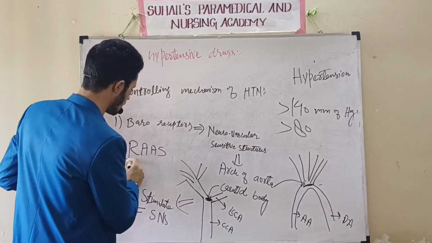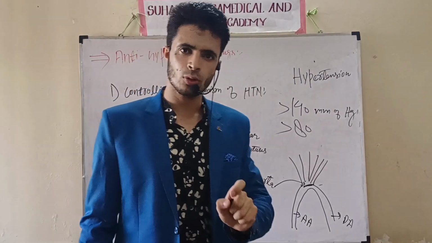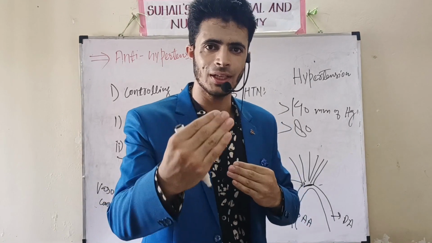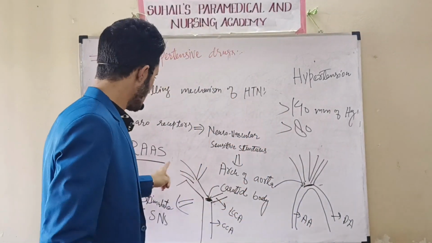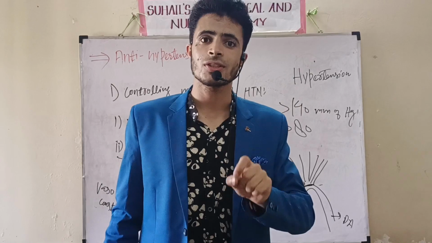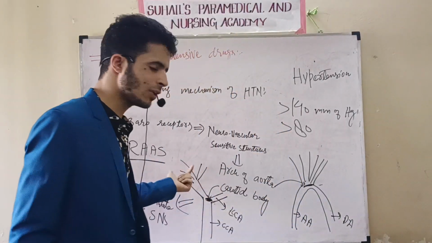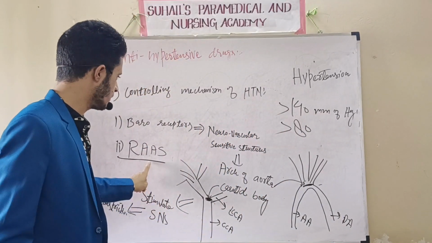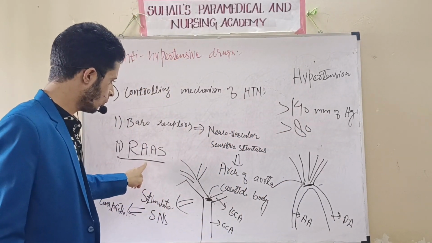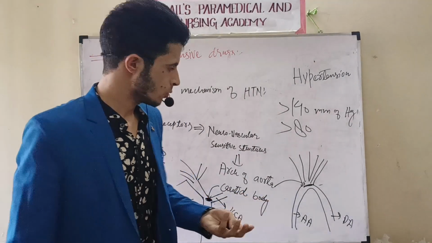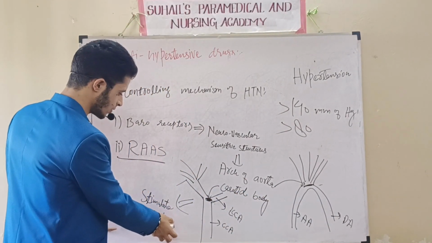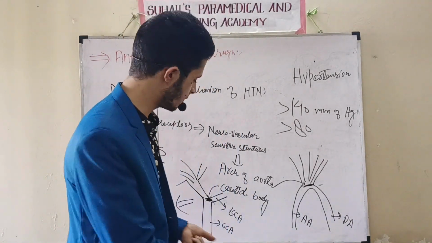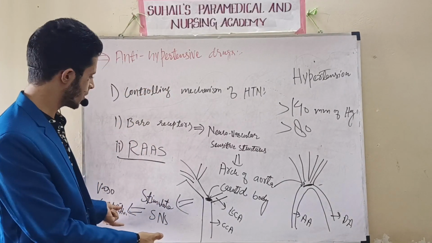Another thing is called the RAS system, renin angiotensin aldosterone system. This system I will explain later when I take the mechanism of ACE inhibitors. How does the RAS system increase the blood pressure? The first mechanism was doing what? Vasoconstriction, so that if there is decreased blood pressure, it will increase blood pressure by vasoconstriction.